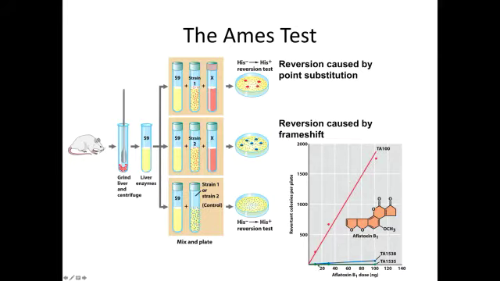So there's no induction of mutation in this particular case. But in this strain, which I said I think had the frameshift, yes, it had the frameshift, as you increase the dose of aflatoxin B1 mixed with these liver enzymes, you increase the number of revertant colonies, which suggests that aflatoxin B1 in this particular scenario might have some ability to antagonize DNA polymerase and increase the formation of frameshift mutations.